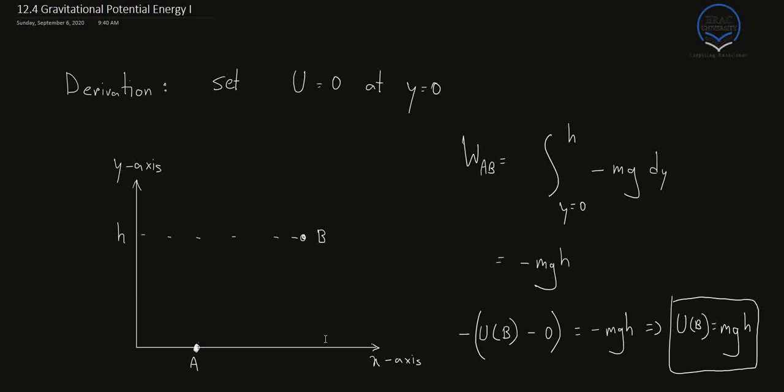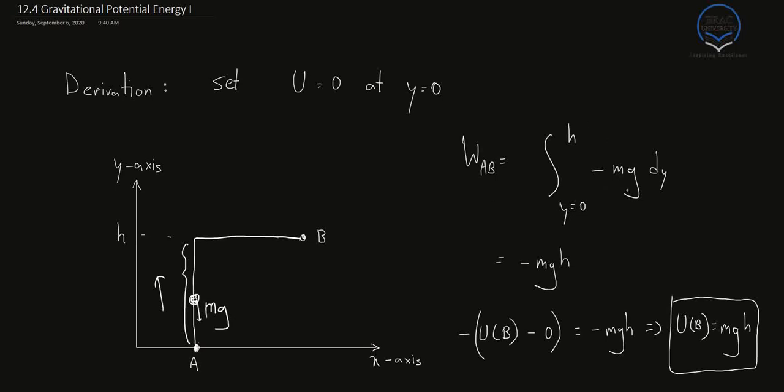Now let's find the work done in going from point A to point B. Here you can choose any path you like, so let's choose a convenient one. Let's choose a path like this, such that on this segment you have the work done equal to minus mg dy. The displacement is upwards, and when the mass is moved up like this, the force is downwards, this mg.